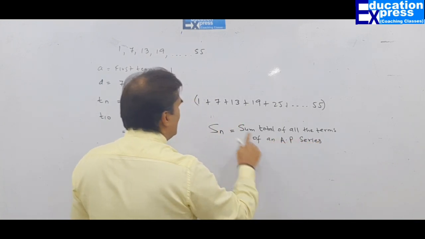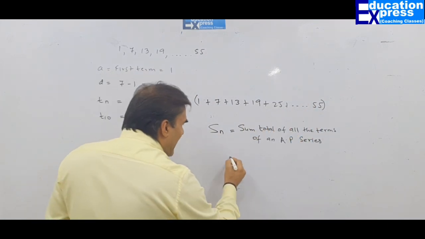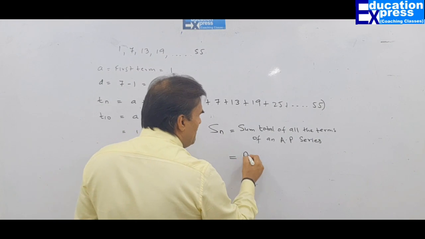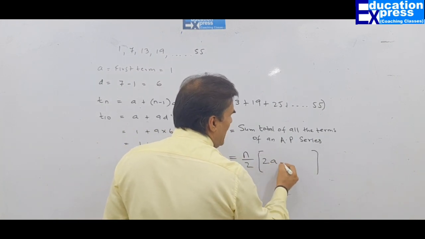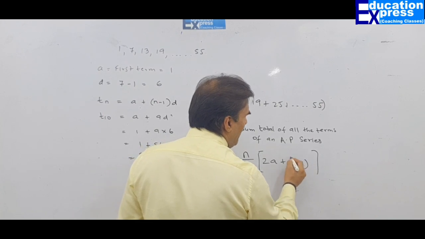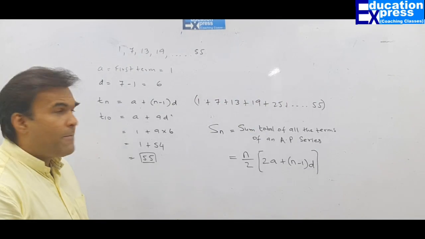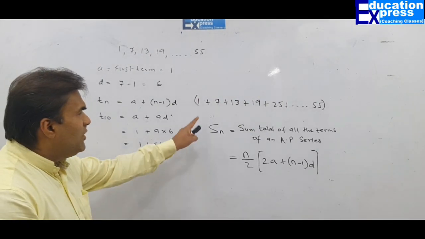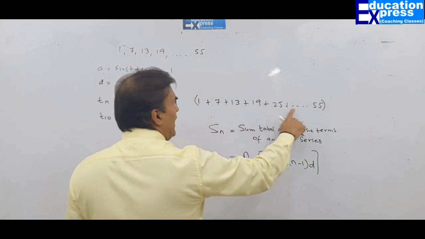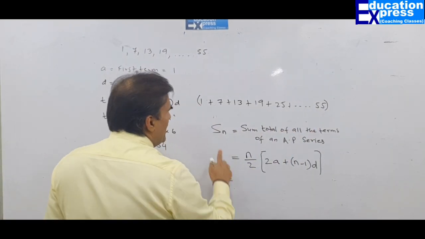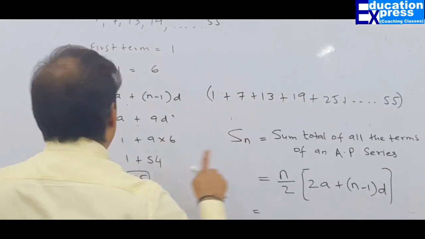The sum total of all the members of this series can be explained with the help of a simple formula: n upon 2 into 2a plus n minus 1 into d. Now, if you substitute the values available with us, will we get the total of the entire series? Yes, sir.